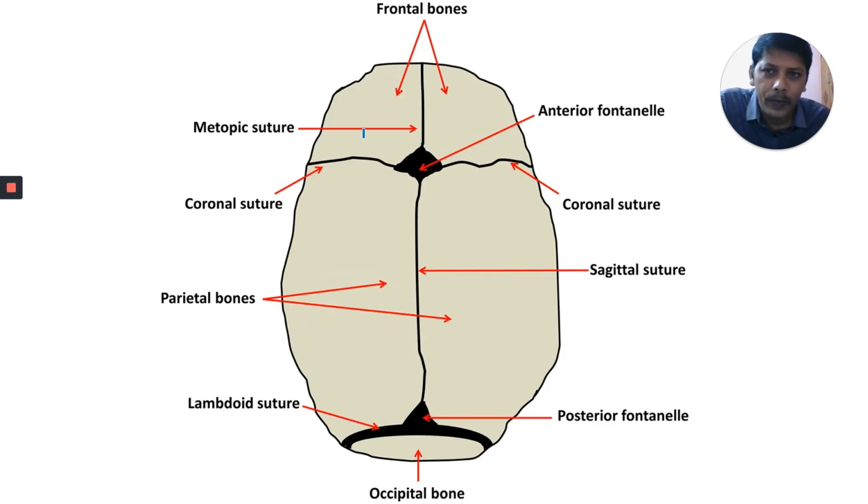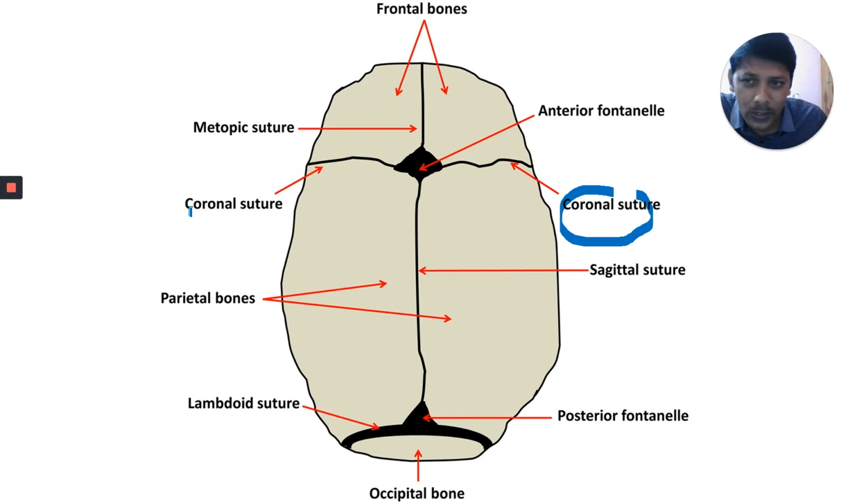Look at this one. There is a suture here. This is the frontal bone. Parietal bones, occipital bone. The bones are frontal, parietal, temporal, occipital, sphenoid, ethmoid. There is a suture here.